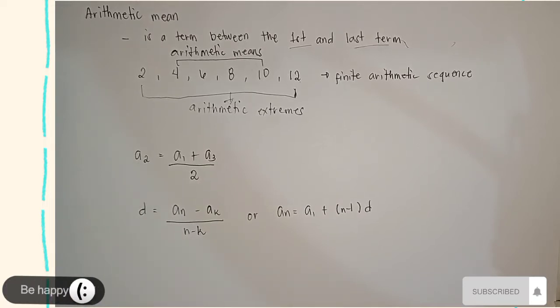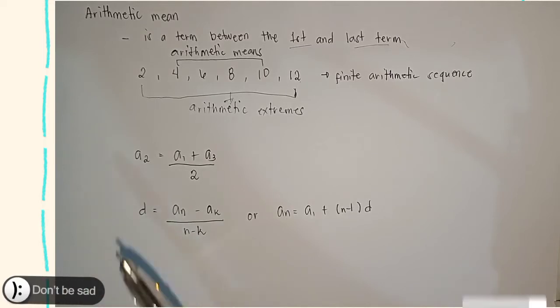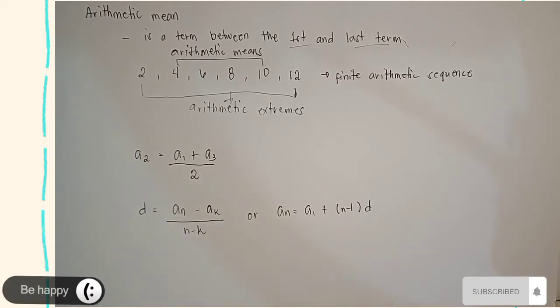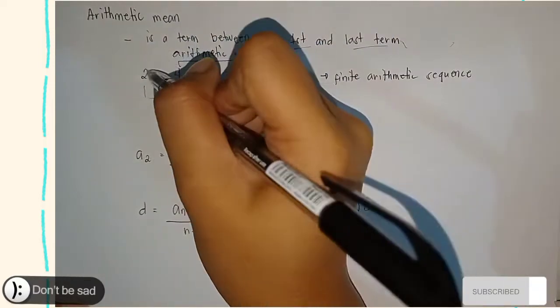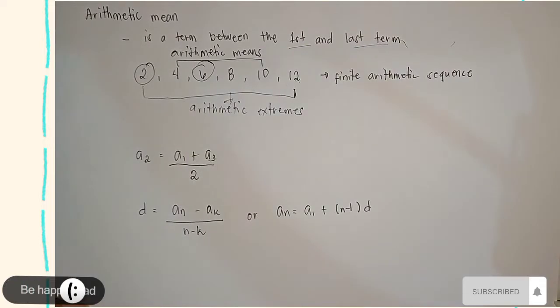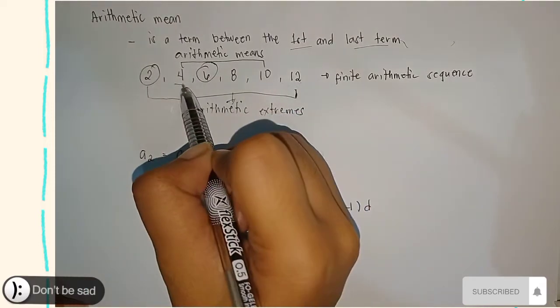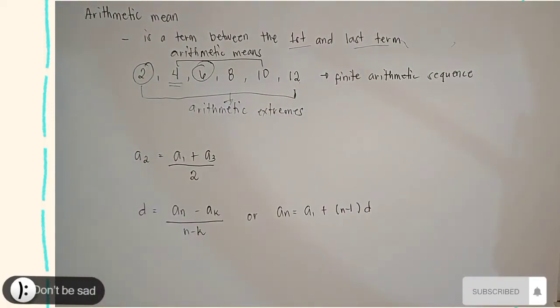So, sabi ko nga kanina, ang arithmetic mean is just an average sometimes because we have here the formula a sub 2 is equal to a sub 1 plus a sub 3 over 2. For example, 2 and 6. Ayan. The arithmetic mean lang siya kasi isa lang, ng 2 and 6 is itong gitna. Kasi yun siya yung pinaka-average.